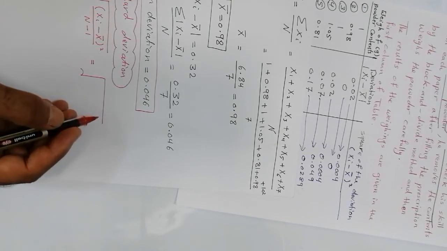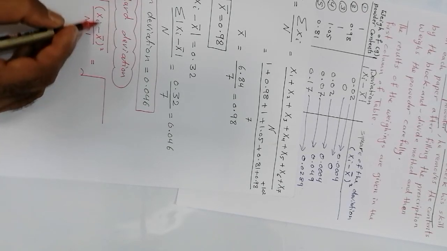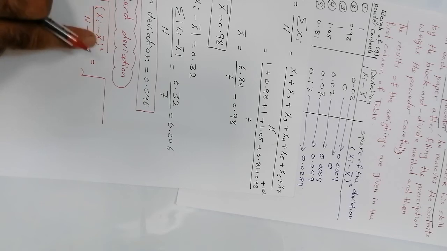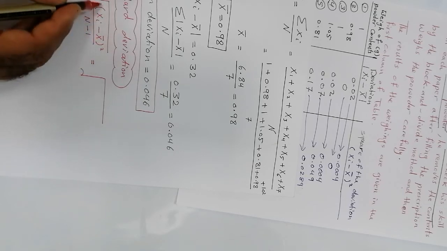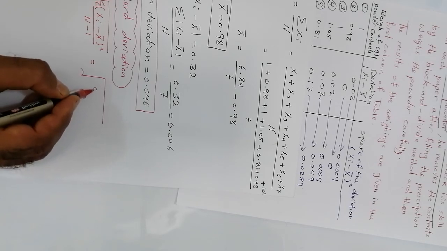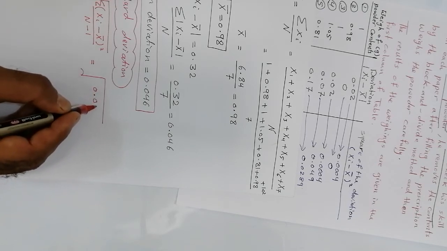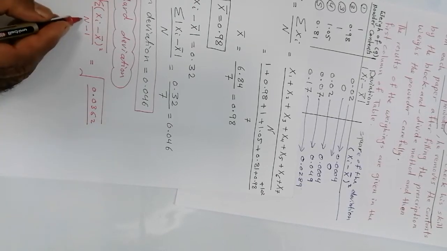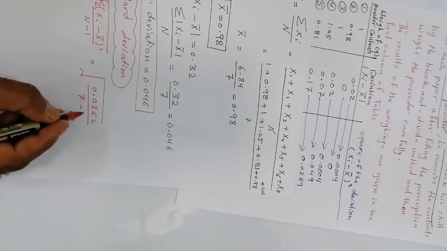It equals the mean of the square of the deviation. Here the summation equals 0.0362 over n, 7 minus 1.